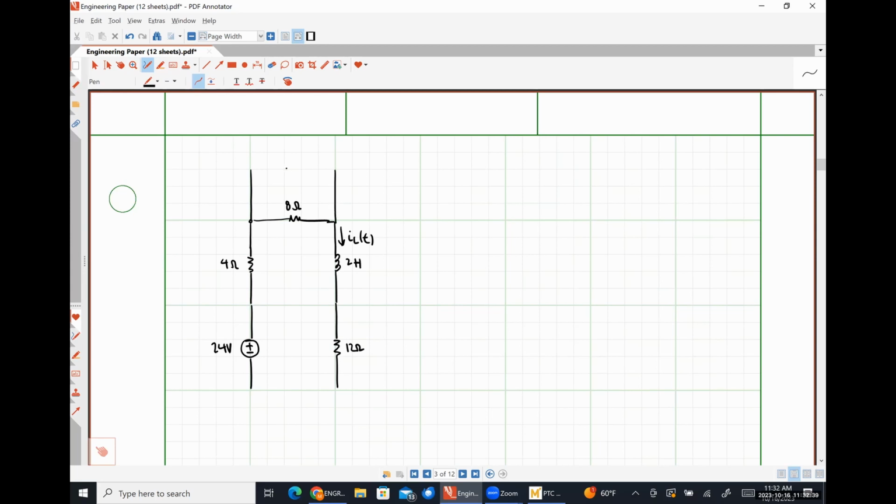I'm going to have a switch on top, and my switch is closing at t is equal to 0. And then out here on the right hand side, I have a 0.2 farad capacitor.